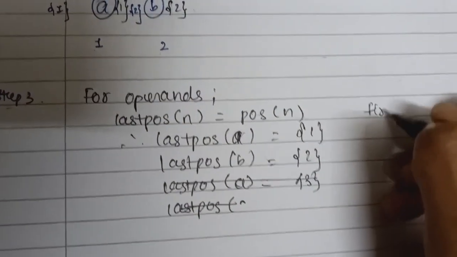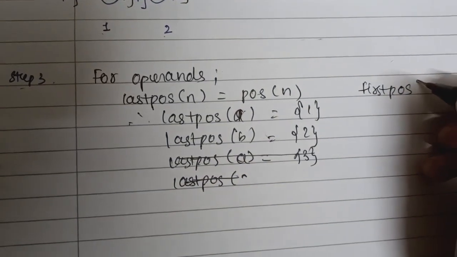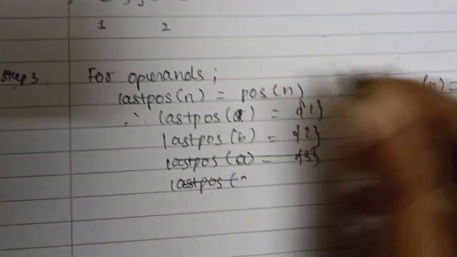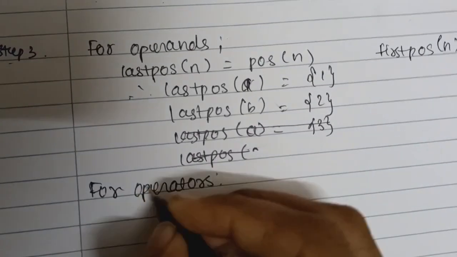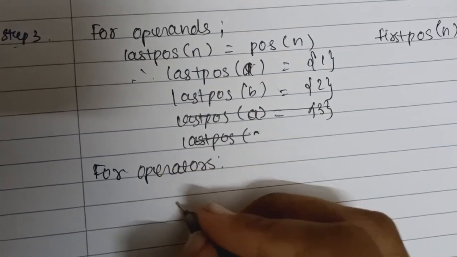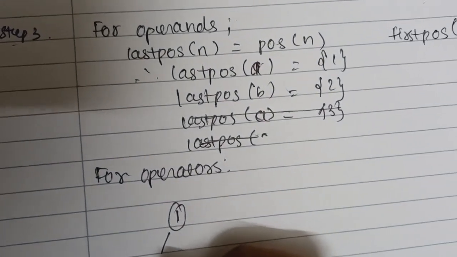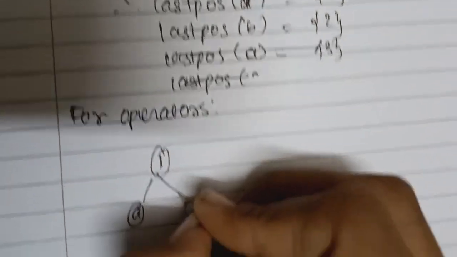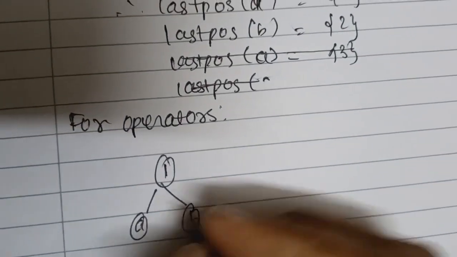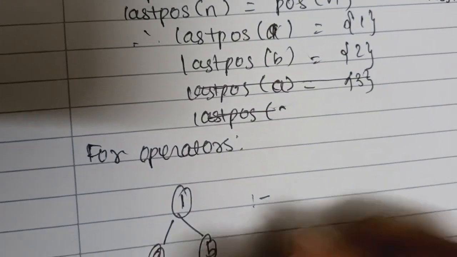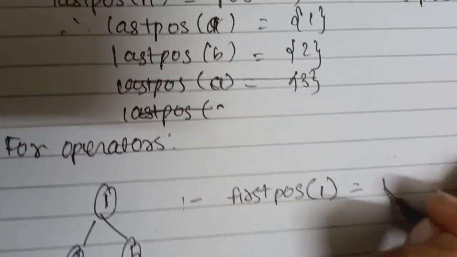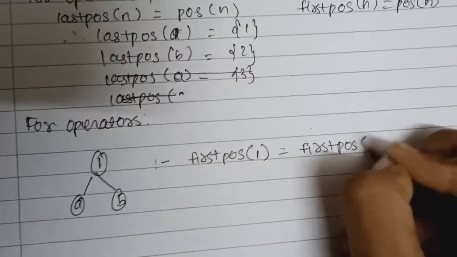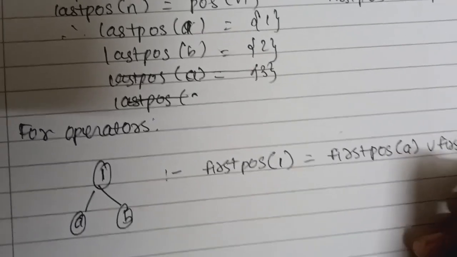Similarly you need to write it for first positions: the first position of n is equal to the position of n. This is for operands. When you are writing for operators, you need to draw the subsections of this syntax tree. For example, for an OR operator with a and b, the first position of OR is determined as the first position of a union the first position of b.